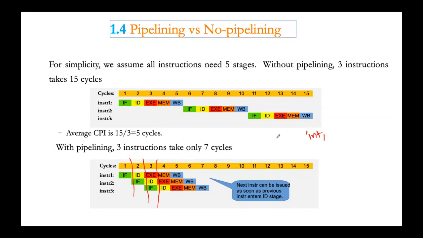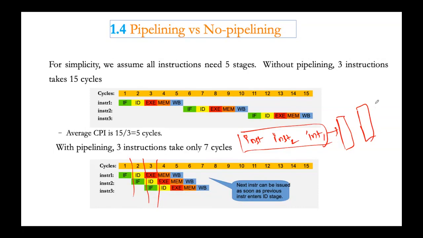So instruction 1, instruction 2, instruction 3 are in the pipeline. They are given as input to your multi-cycle data path. The propagation goes on from instruction fetching, instruction decoding, instruction execution, memory access, and then to the last phase, the write back.